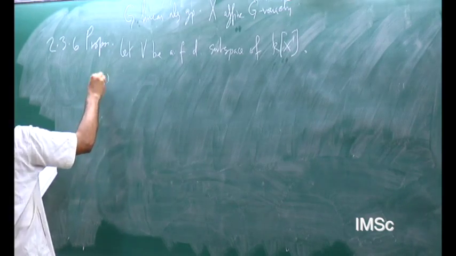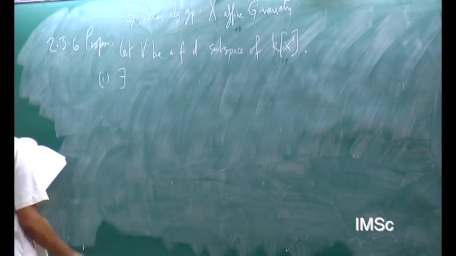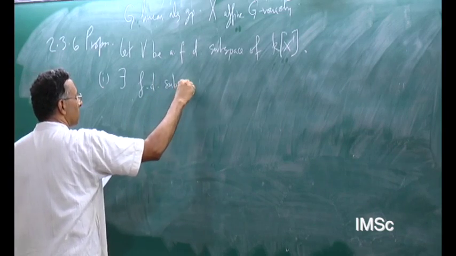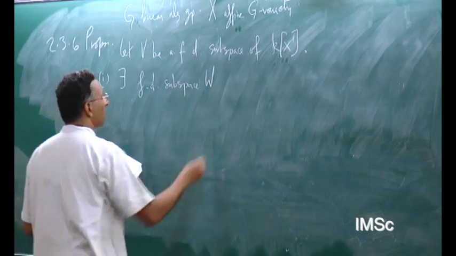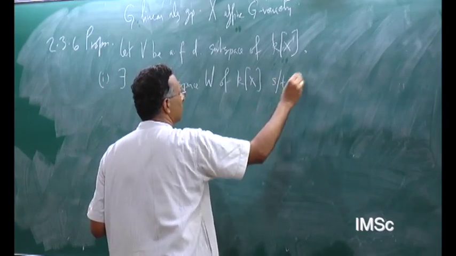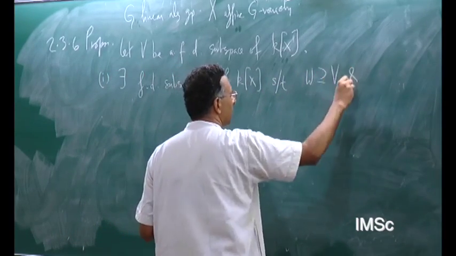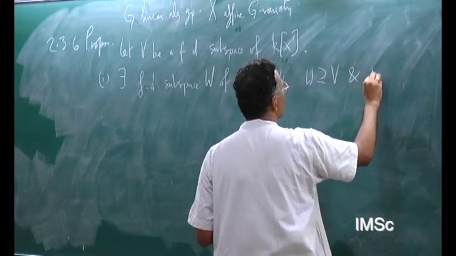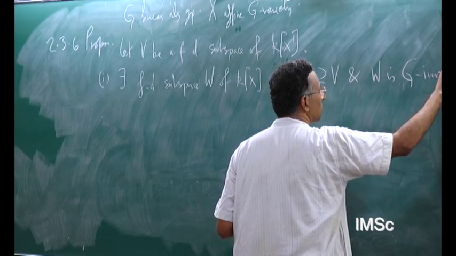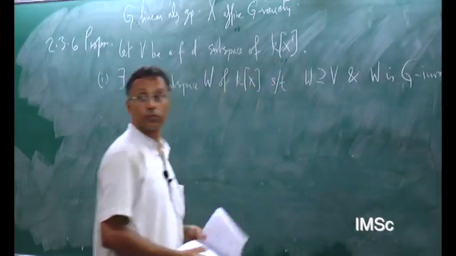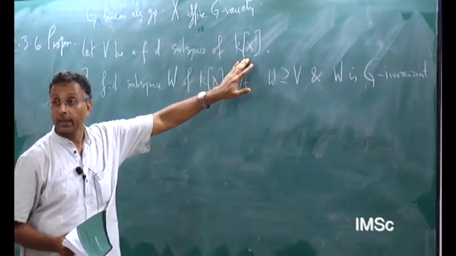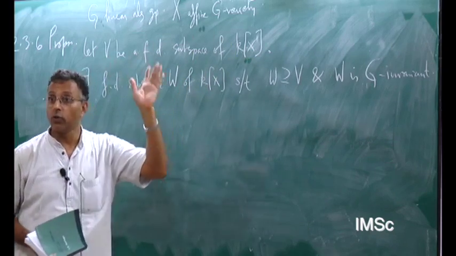1. There exists a finite dimensional subspace W of K[X] such that W contains V and W is G invariant, for the action of G on K[X], which is the induced action.